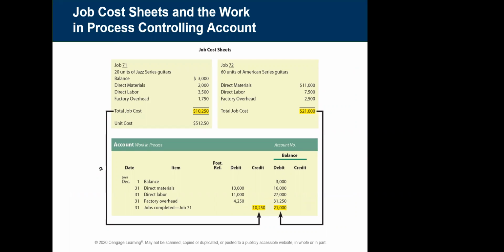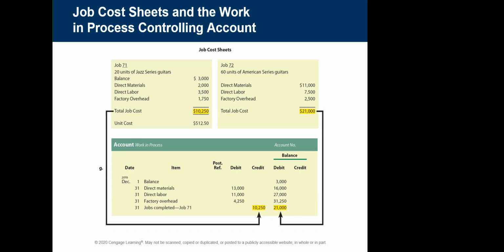You can see at the end of the period, we have the total job cost. The balance coming forward in work in process, plus direct materials added, direct labor added, and factory overhead applied, gives us a total job cost. And you can see that adds to our work in process.